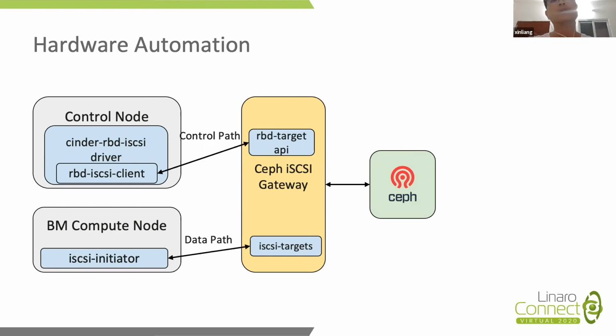And in the bare metal compute node, we have a data plane to read and write the remote iSCSI volume disk through the iSCSI initiator and targets.